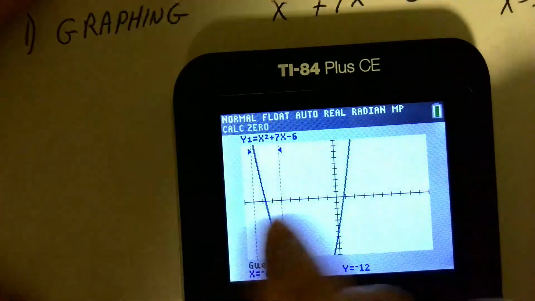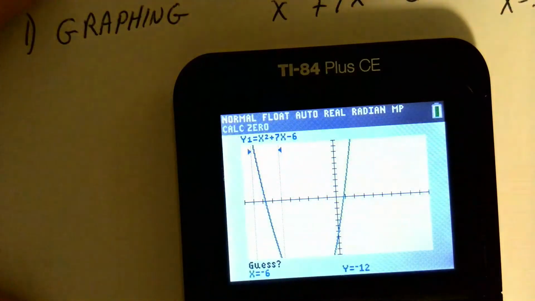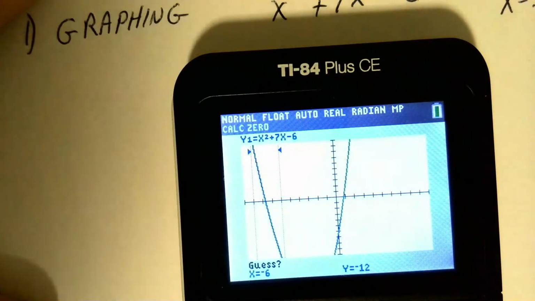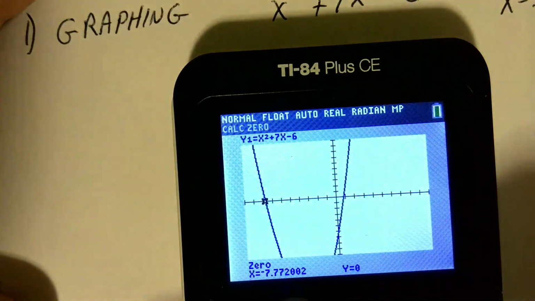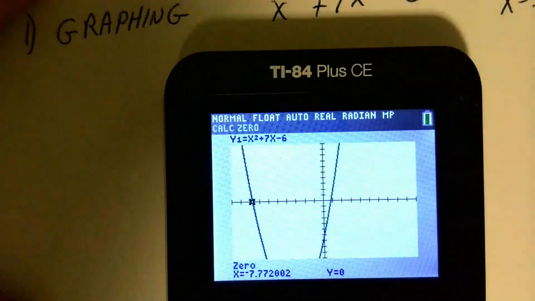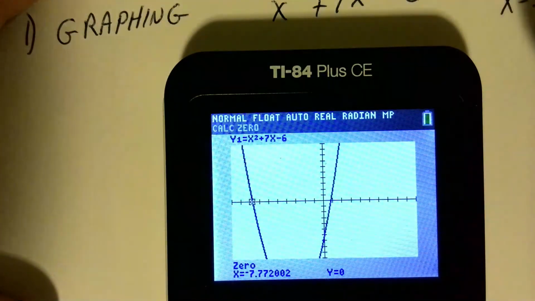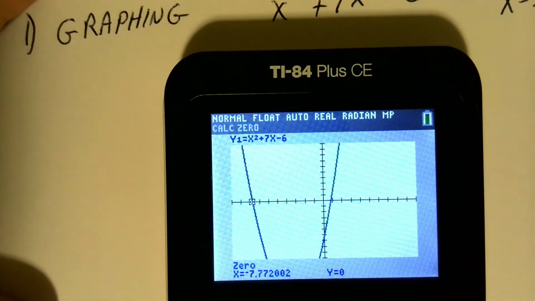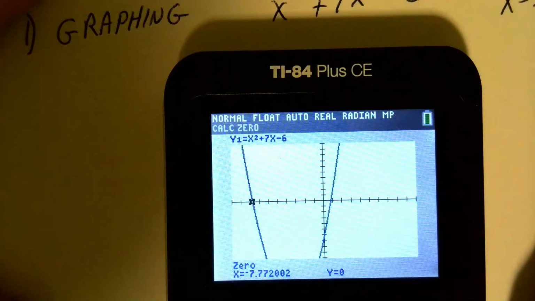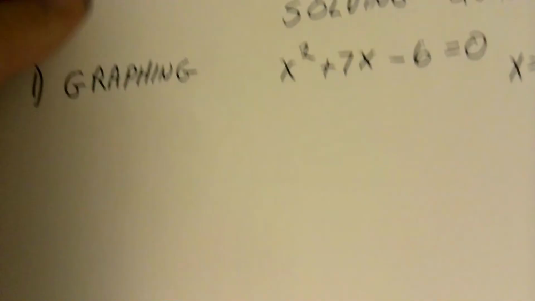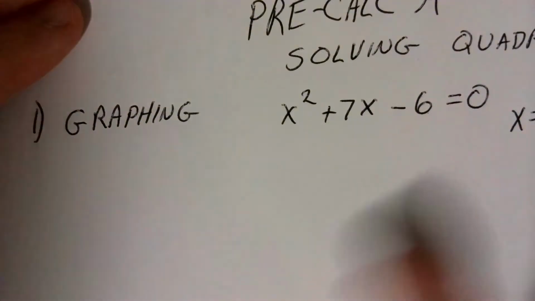Enter, and it'll find any place that it crosses the x-axis between -9 and -6. I hit enter, and I can see that it hits at -7.77. So x equals 0.77 and -7.77. Those are the two solutions.